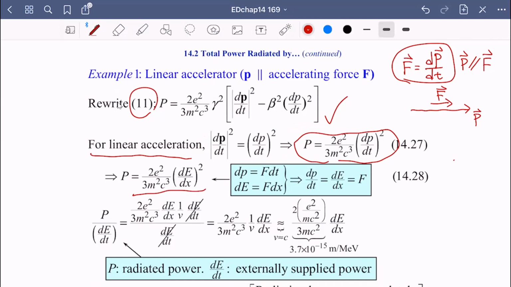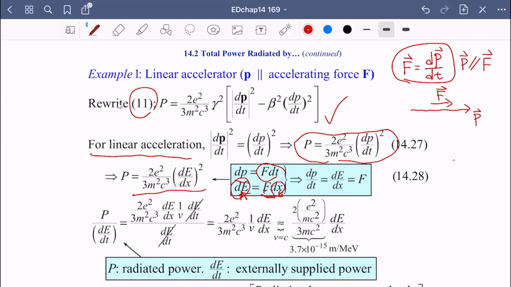Why dP dE? Because dP is here. dE is the change of the energy, which equals F dx. So force and displacement, that's the change of the energy.